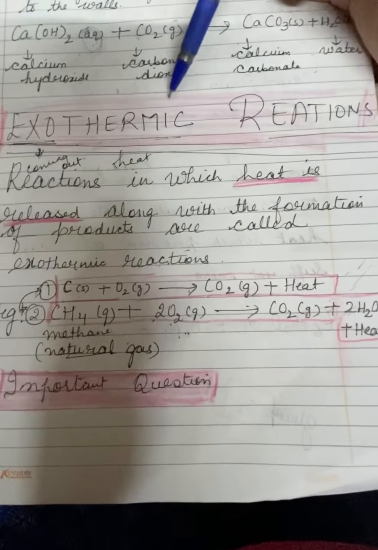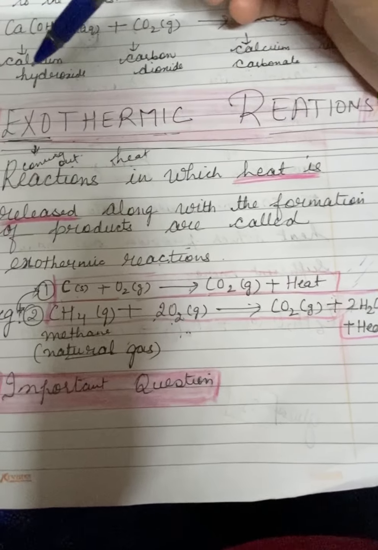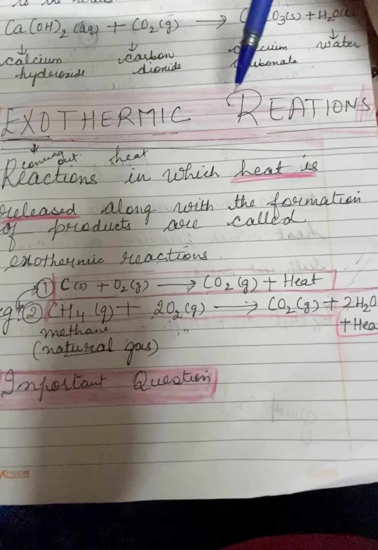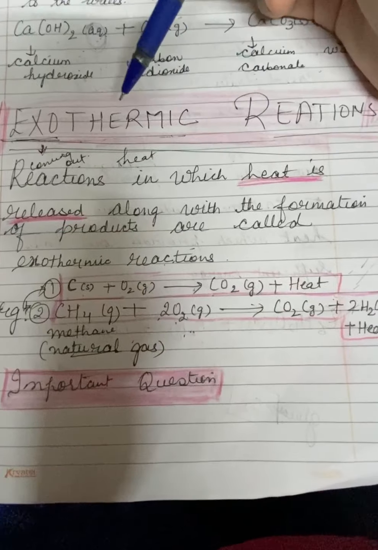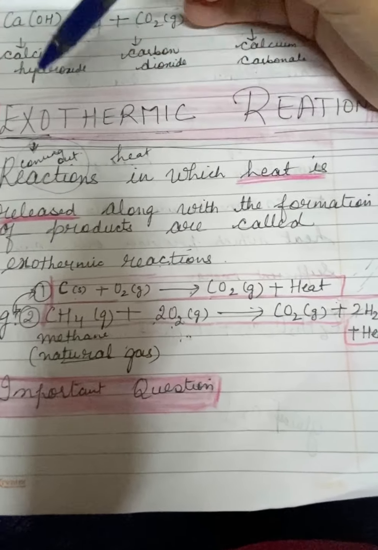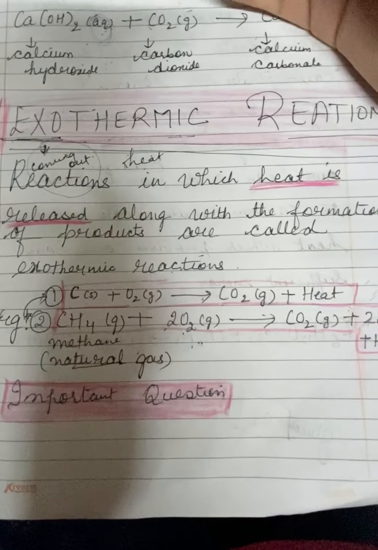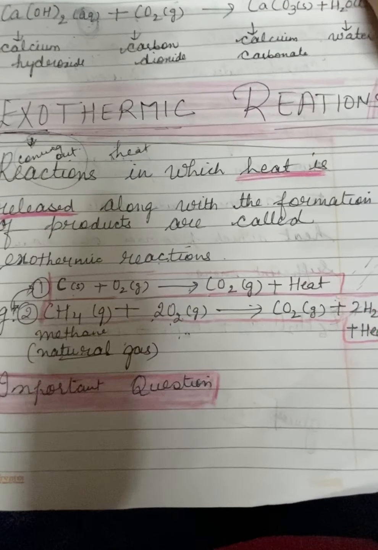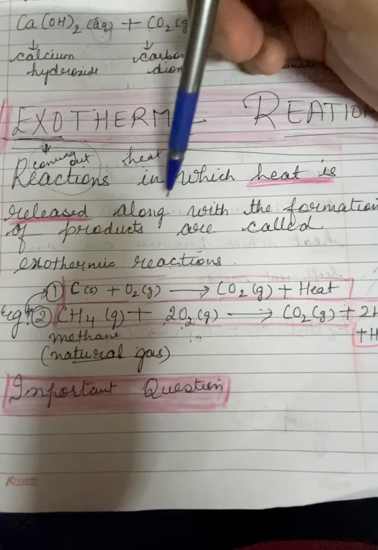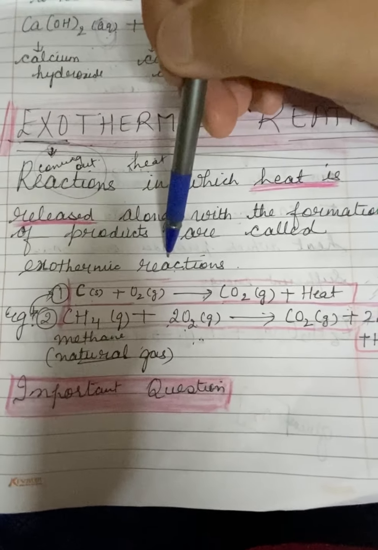Next is exothermic reactions. As I told you earlier, when I started the chapter, combination reactions are exothermic reactions. Exo means coming out. Thermic means heat. So when heat is coming out, it is an exothermic process. Reactions in which heat is released along with the formation of products are called exothermic reactions.